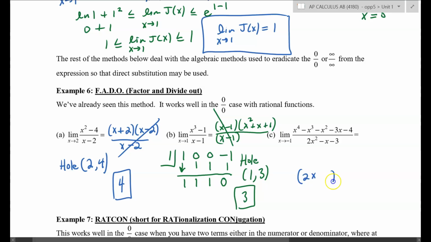I know I'm going to have a 2x and an x. I know I have a 3 and a 1. I got to get a -1 in the middle. So I think the only way to do it is if that's a 3 and that's a 1 and that's a minus and that's a plus. What do you guys think? That seem okay? Yeah.